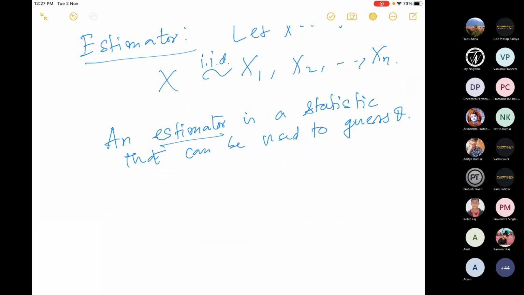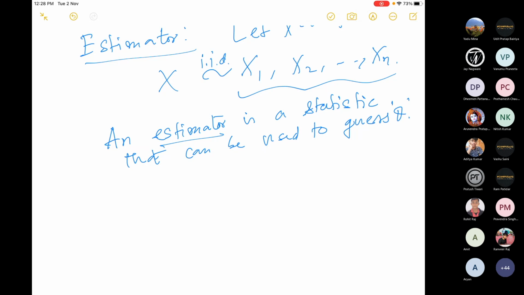I get the sample data x1, x2, ..., xn using the random sample, so I write it as random variables. But once I choose the sample, it becomes a set of numbers, small x's. Using these numbers, I have to define some function, some algebraic manipulation, to guess the value of theta.